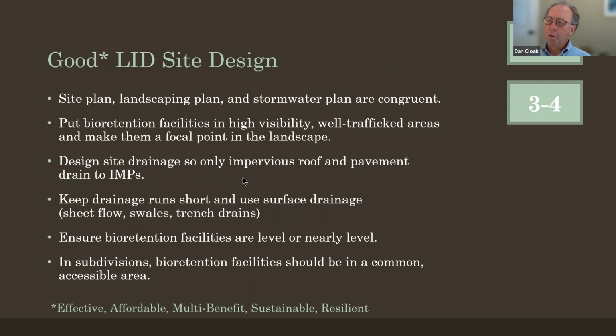And bioretention facilities only receive drainage from roofs and pavement.